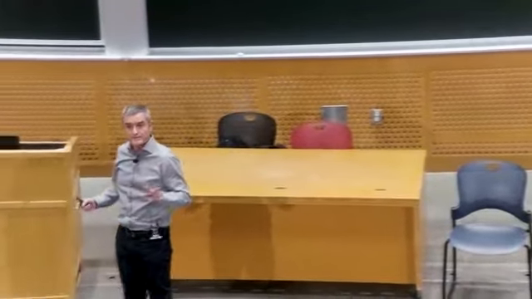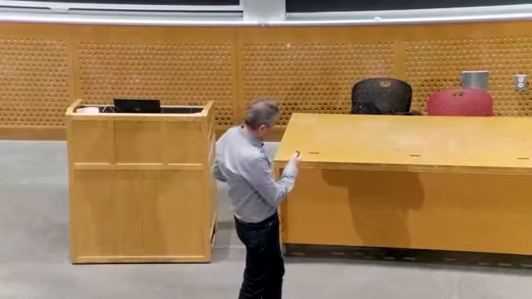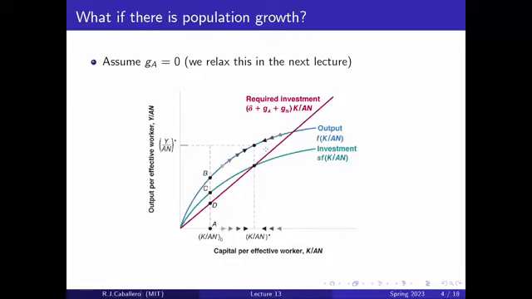In the previous model, we had a steady state in output per worker. So in the previous model, we didn't have growth in output per worker in the steady state. We could have transitional growth when we were catching up. If you started here, then you were going to have fast growth, but eventually it would peter out. Okay?